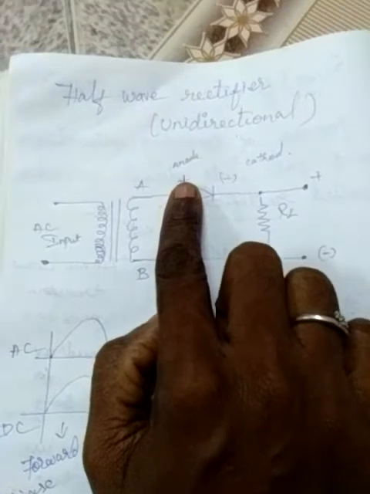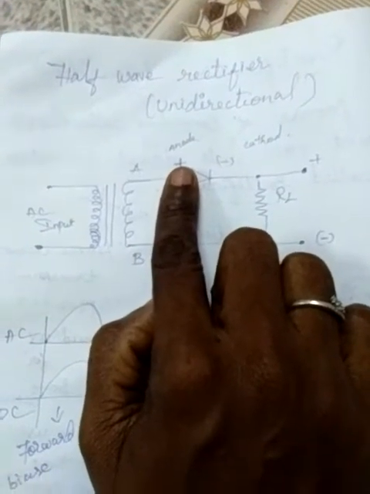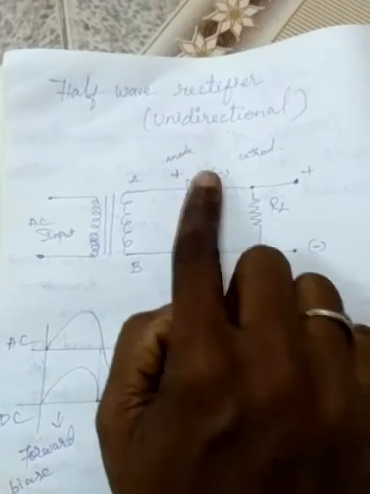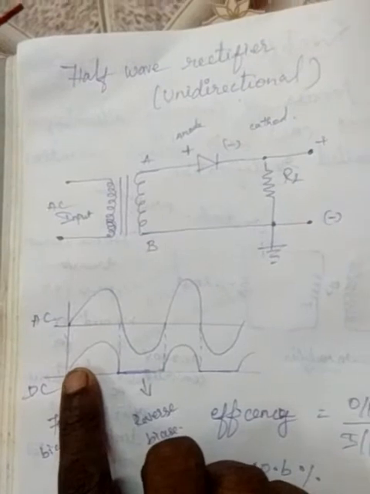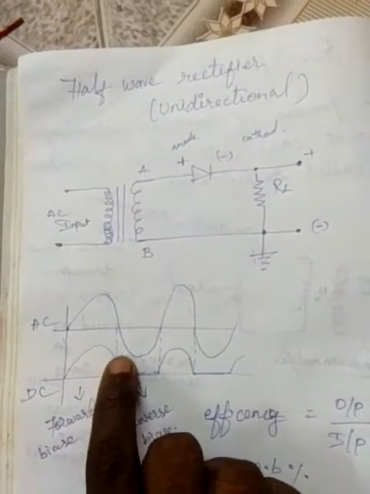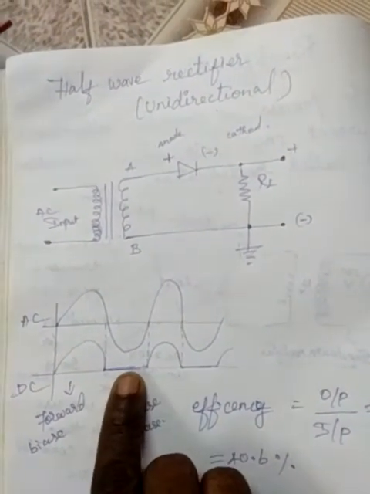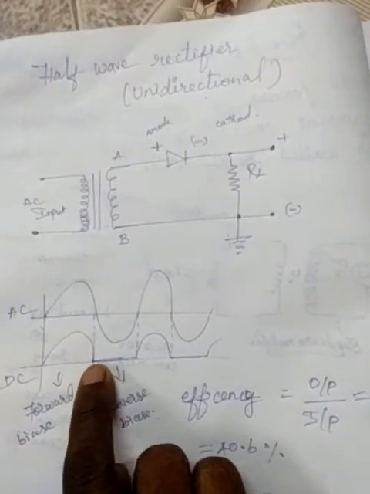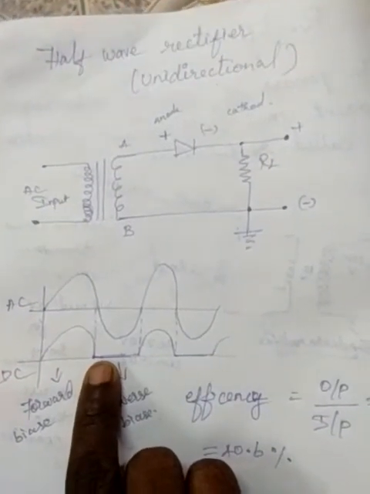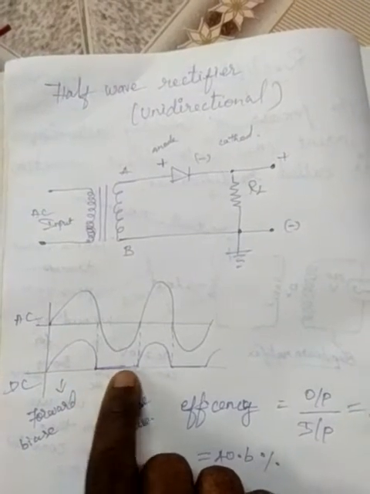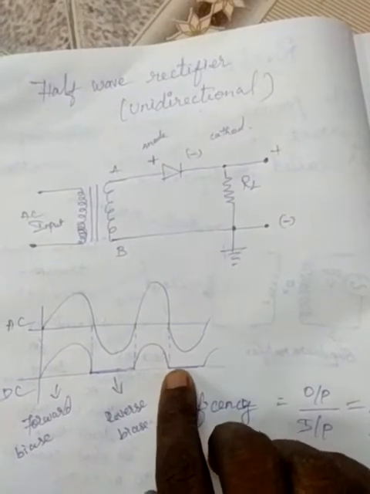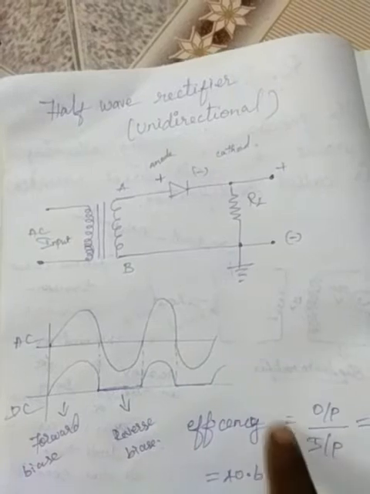Reverse bias means the diode does not conduct, so the current does not flow. Now the output is DC. First, in forward bias the current goes. After that, in the negative half, reverse bias does not conduct current. Again the positive comes, so this goes up and down.